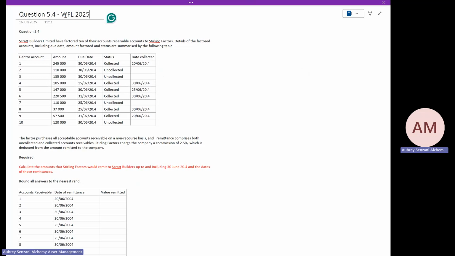The factor purchases all acceptable accounts receivable on a non-recourse basis. Does anybody know what a non-recourse basis is? Non-recourse. Google Chat GPT. Basically, because you guys are going to say he just comes and does Chat GPT for us.